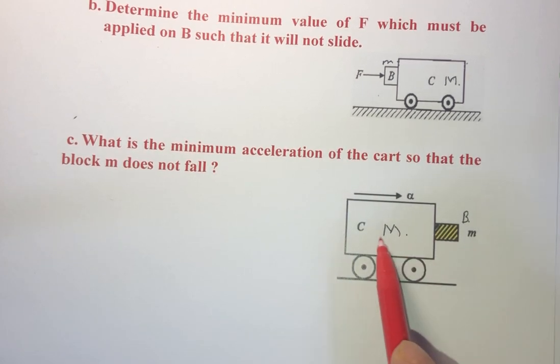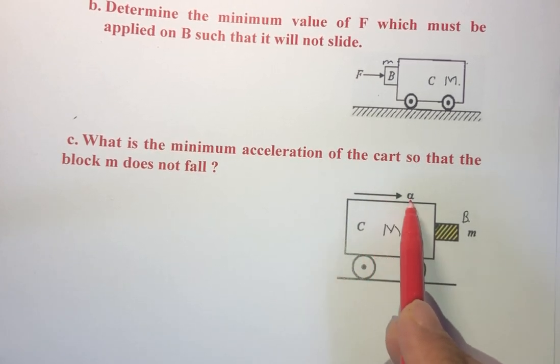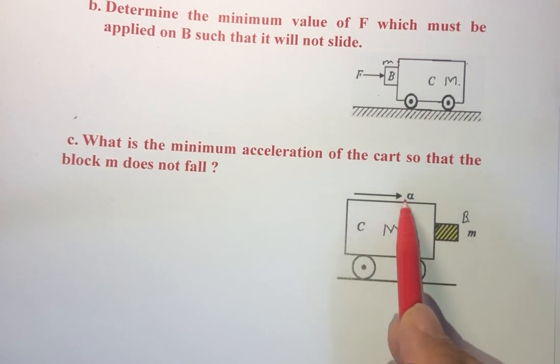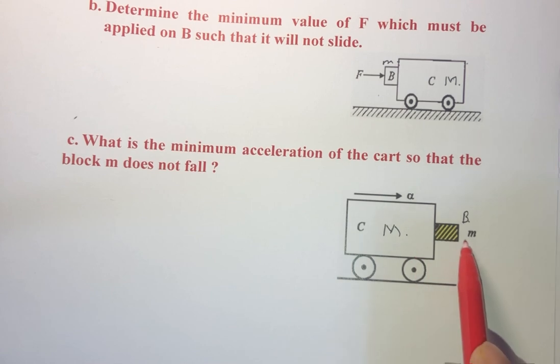Okay, so this is cart C. It is already traveling with the acceleration alpha, and we want to find out the minimum acceleration alpha such that block B does not fall.